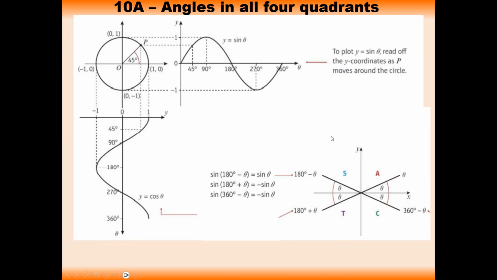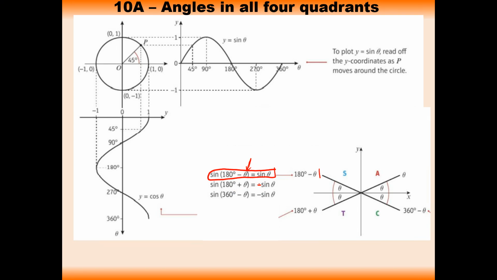You are to understand these. This is the identity. If you remember, I explained this to you with the CAST rule in chapter 9. If you don't remember, go and look that up. And for sine, if you add 180 to any angle, it will be the reflection of that angle in the y-axis.